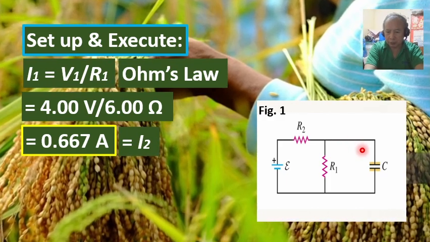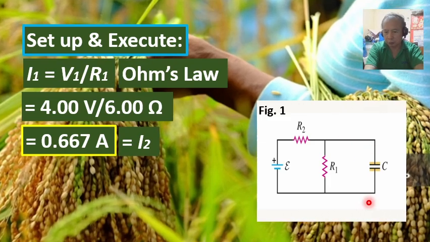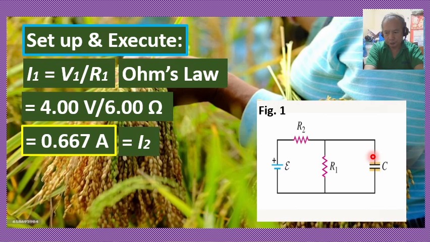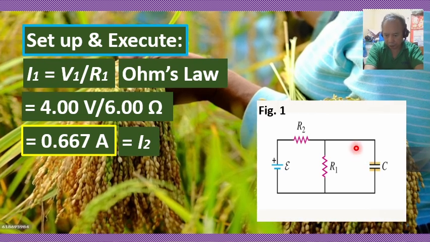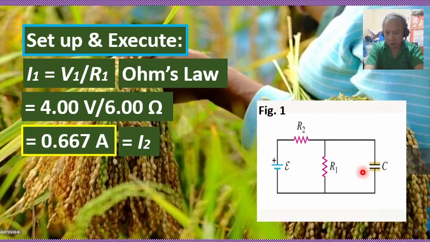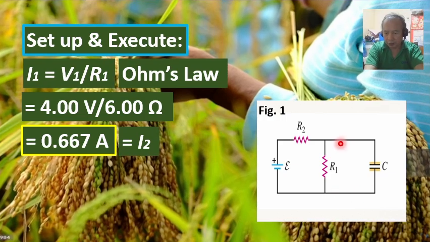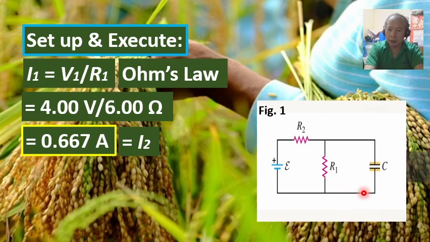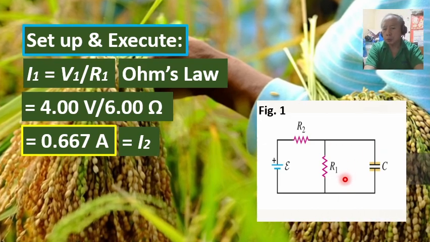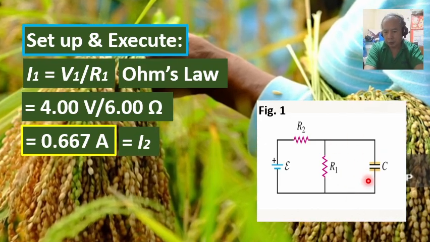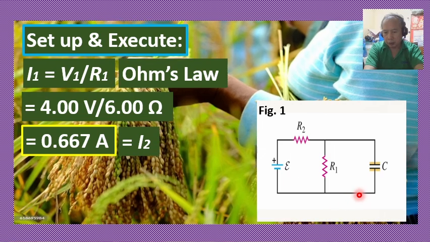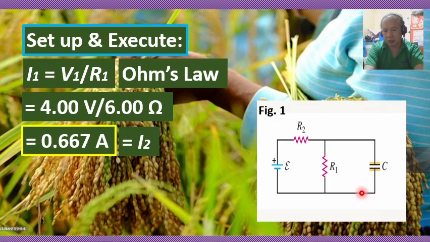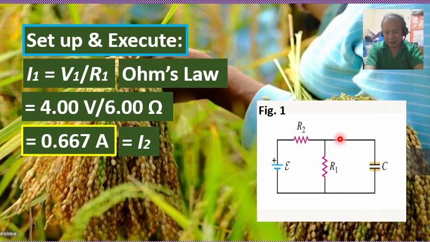There will be no current passing through the capacitor anymore. It is as if this part of the circuit, the component that connects the capacitor to R1, gets a maximum amount of resistance.